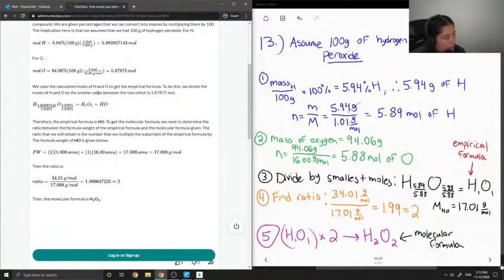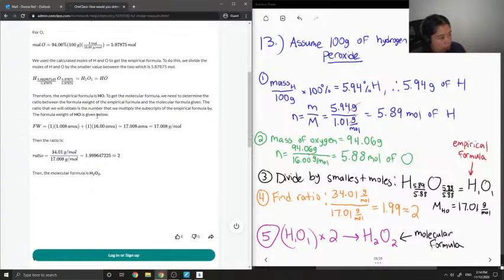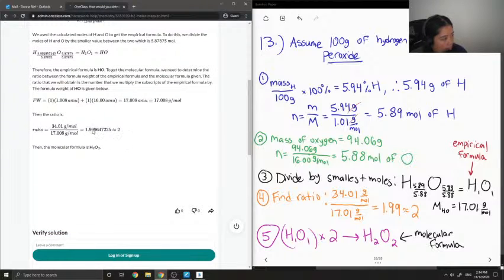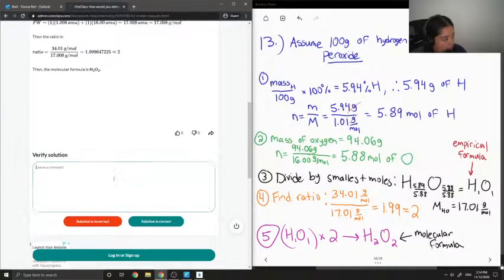The next thing is to divide by the smaller value of moles, which was the 5.88, and they got an empirical formula of HO. To get the molecular formula, I need to determine the ratio between the formula weight and the empirical formula. So they actually showed how to get the 17.01, and they got a ratio of 2. So the solution is correct.